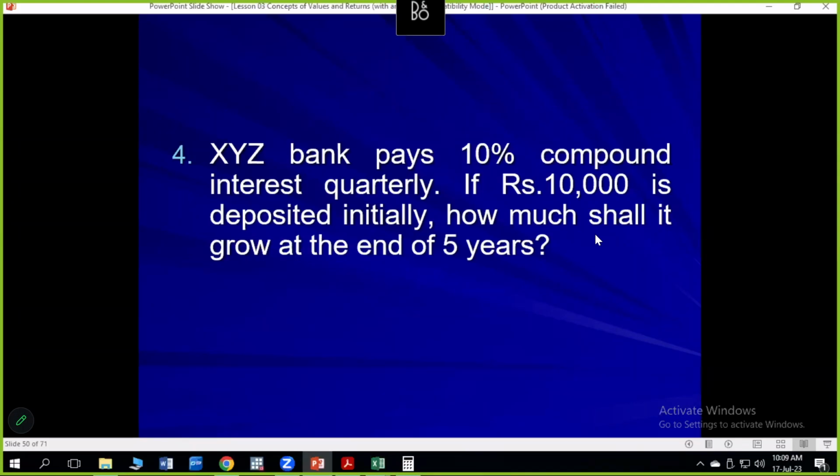So 10,000 is deposited initially. How much will it grow to at the end of 5 years?